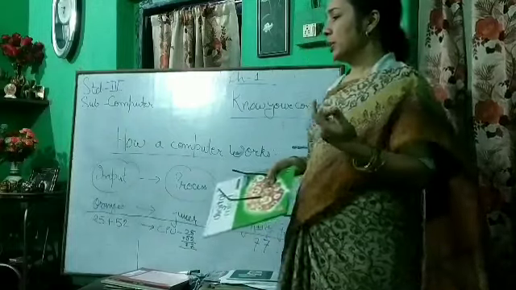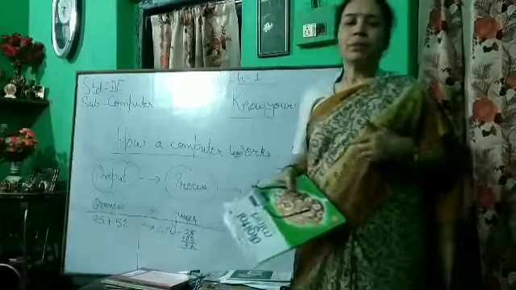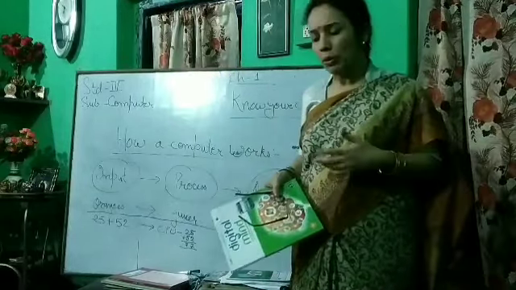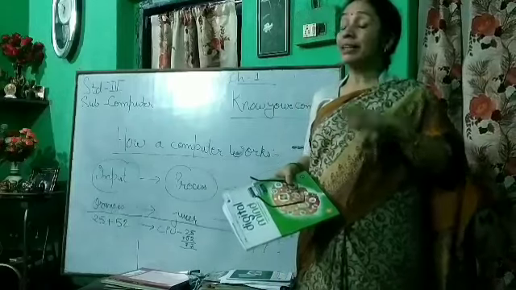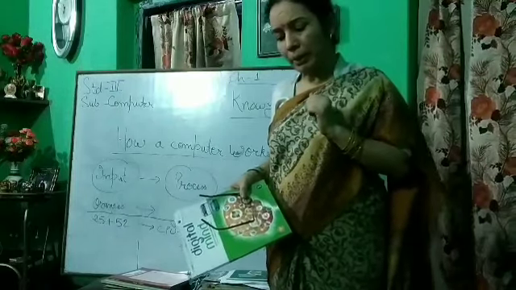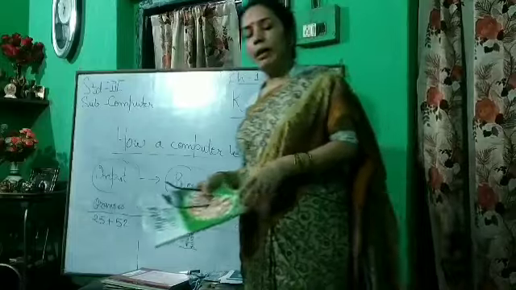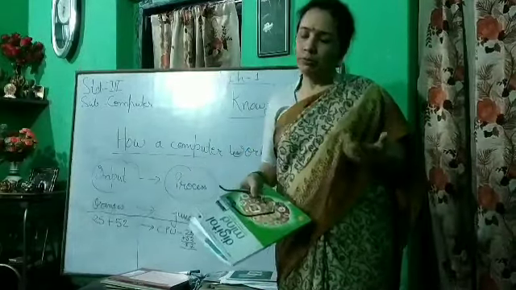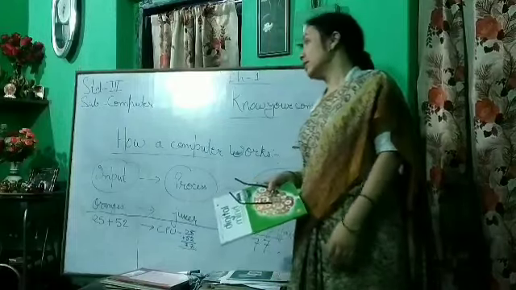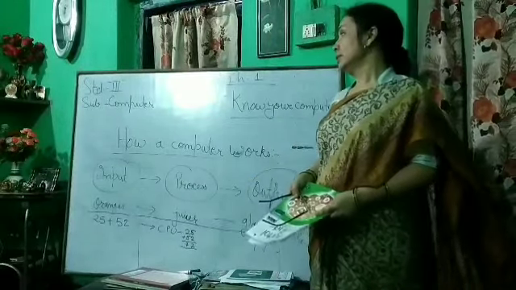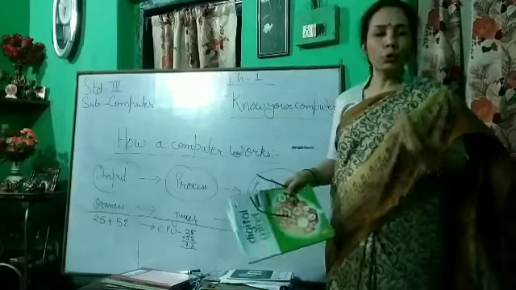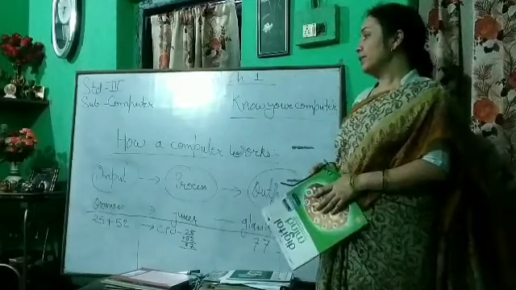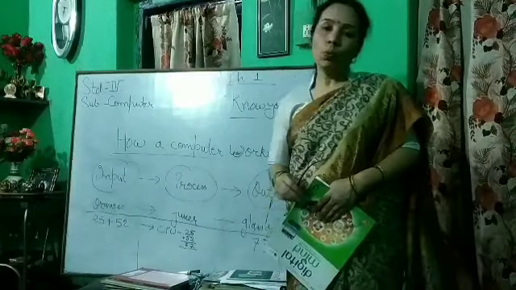You learned how to use keyboard, mouse, what is CPU, CPU box, and during practical classes how to type and paint on the computer. Now in Standard 3, you are going to learn more new things. So the first topic is how a computer works.